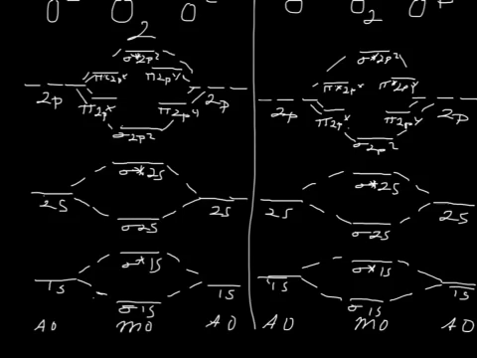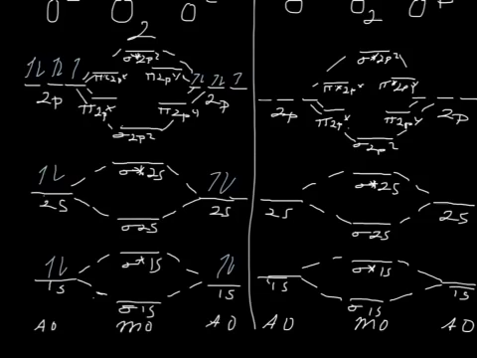So we know that oxygen fills its 1s orbital completely. Same for its 2s. And it has 4 electrons in each p orbital. But since these are both minus, we're going to add one more electron to each of its p orbitals.